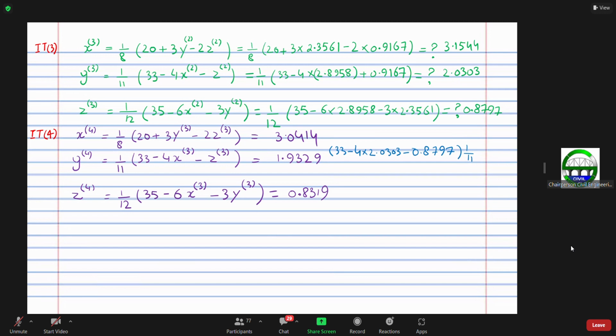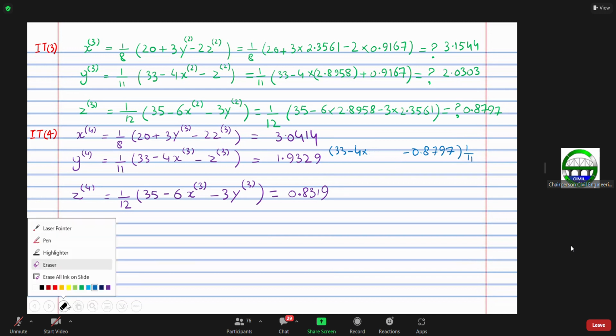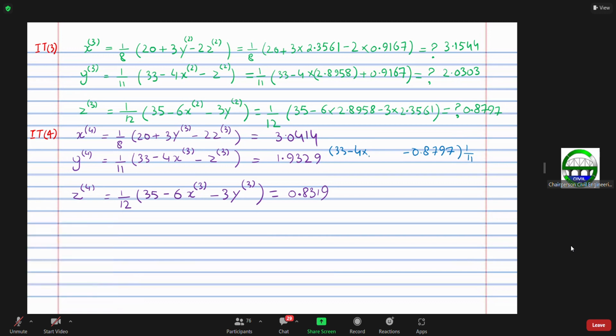Divided by 11. Okay, 1 by 11, 4 x cube. Okay, maybe this one is not correct. 4 into x cube, 3.1544.